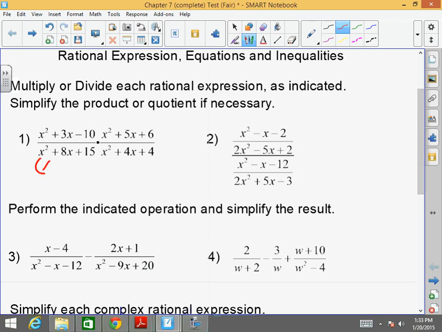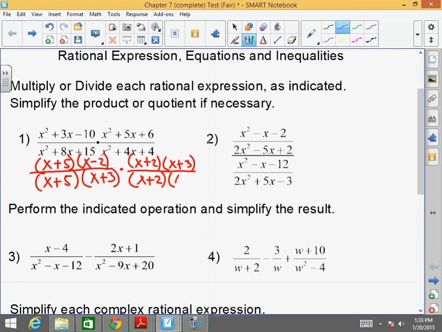The first top polynomial becomes x plus 5 times x minus 2 over x plus 5 times x plus 3, times x minus 2, x plus 2 times x plus 3 over x plus 2 times x plus 2. Now, if you don't know how to factor, guys, or you're not strong, I warned you about that. You need to revisit that.